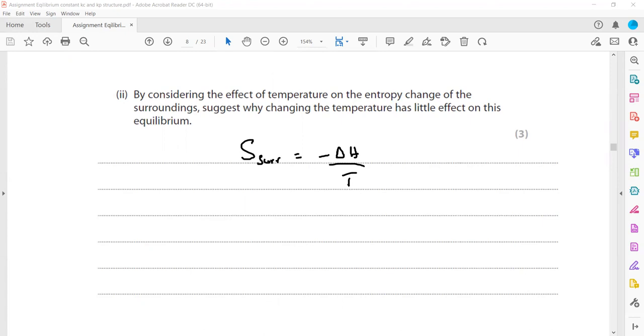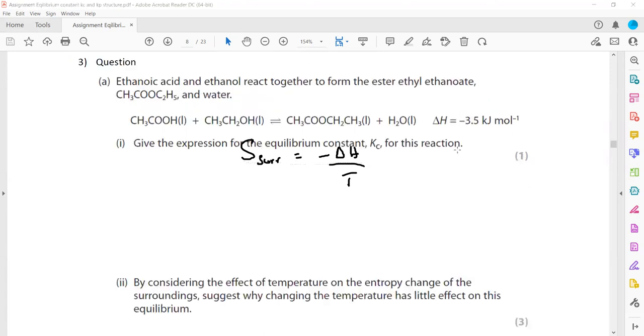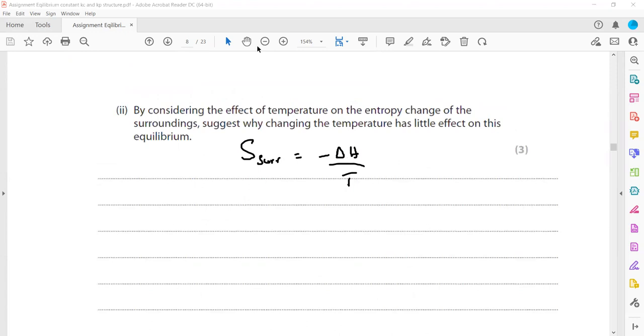So the enthalpy change, you can see here, the value of delta H is minus 3.5 kilojoules per mole, which is very small. So minus 3.5 divided by temperature. This value is very small, and if we change the temperature, a very small value divided by a large value does not make too much difference.